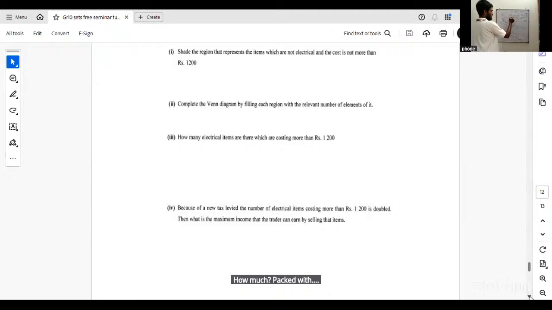So the maximum income he earns is 12 into 1,200. 1,200 is the maximum income that he earns. But because of that, it changed, and now the maximum income that he can earn is 2 times 1,200. So let's subtract this value.